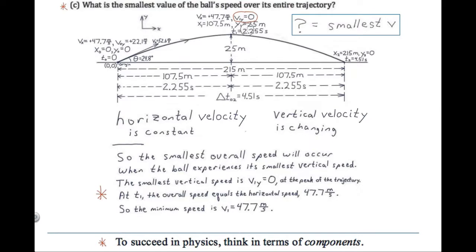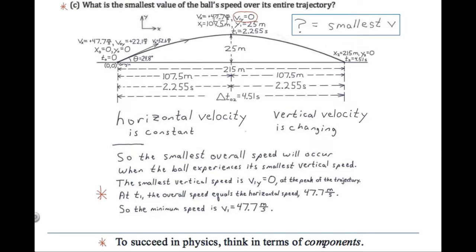So during its projectile motion, the ball's smallest vertical speed will occur at t sub 1, at the peak of the trajectory. At t sub 1, the vertical speed will be 0, as we've already written here. So at t sub 1, the overall speed will equal the horizontal speed.